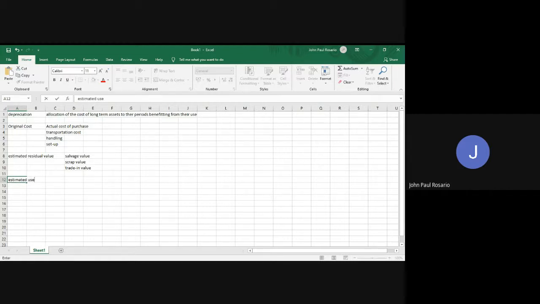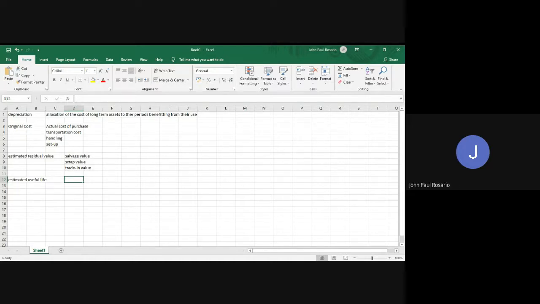This is the number of years or the number of units that you expect you will be using the asset for, or that you expect the asset will produce.